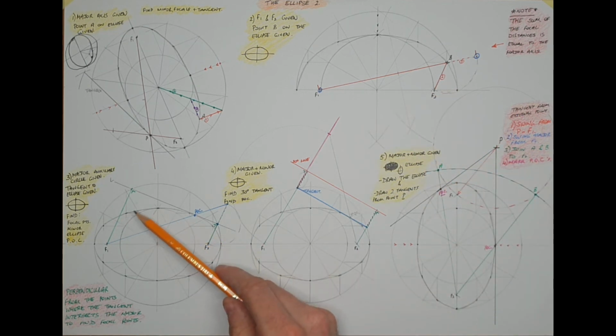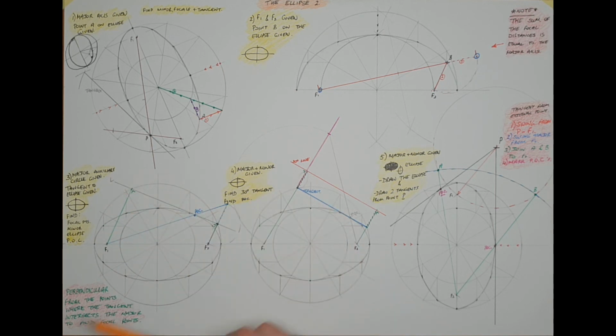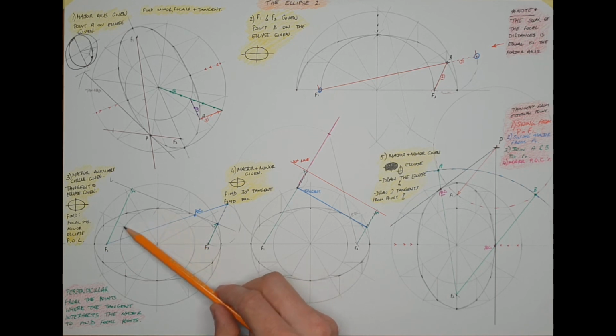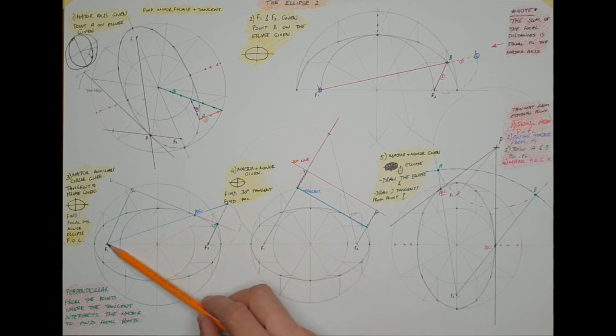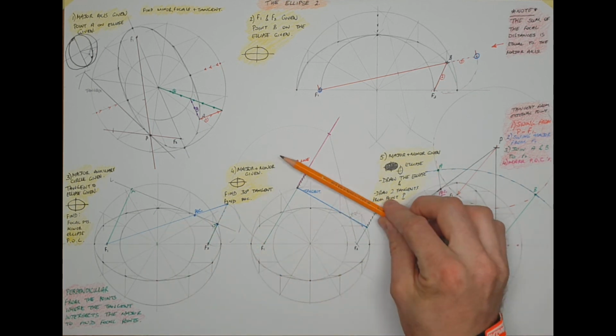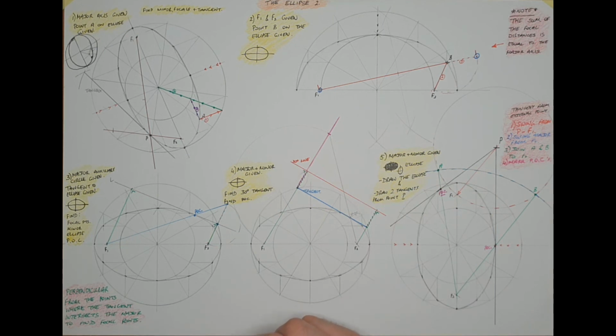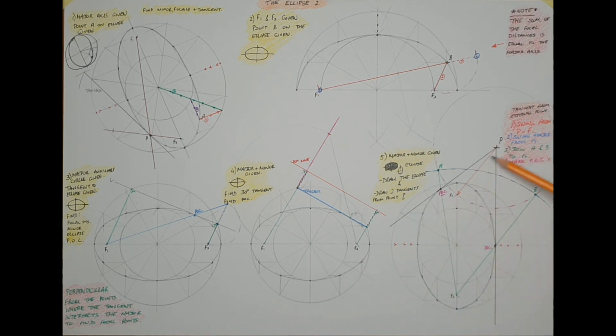You have a major and a tangent given and you have to find the focal points, the minor, draw the ellipse and find the exact point of contact. We had our major and minor given here and you had to draw your 30-degree tangent, so a tangent at a given angle. And finally we have our ellipse given and we had to find, from an external point, the two tangents that touch that given ellipse.